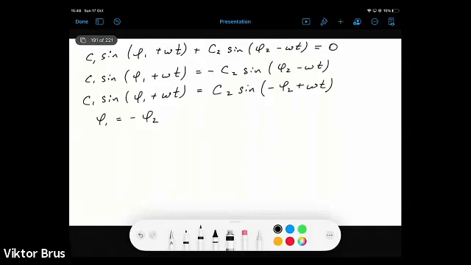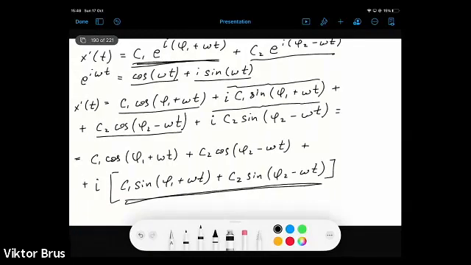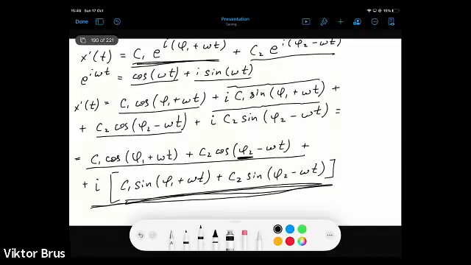And that's why what we need to do, we need to substitute. Now we need to come back to our real component. And instead of φ2 here, we will substitute minus φ1, because we know when we have φ1 and minus φ1 in the second term, the imaginary part, we have already shown this, will be equal to 0. So that is the specific case when we will get a physically meaningful solution of our complex function x prime.